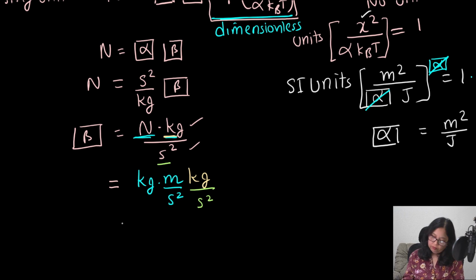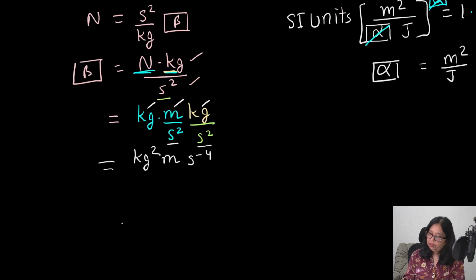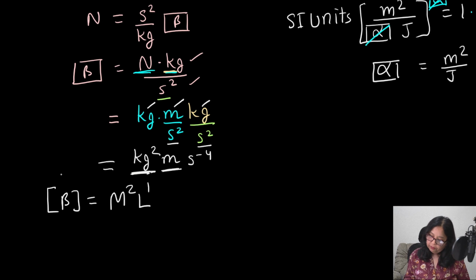What does this give me? Kilograms times kilograms is kilograms squared, meter, times s squared. S squared gives you s to the power -4. So the dimensional formula of beta equals M squared for this kilograms squared, this is meters, gives you L to the power 1, times T to the power -4. Done.